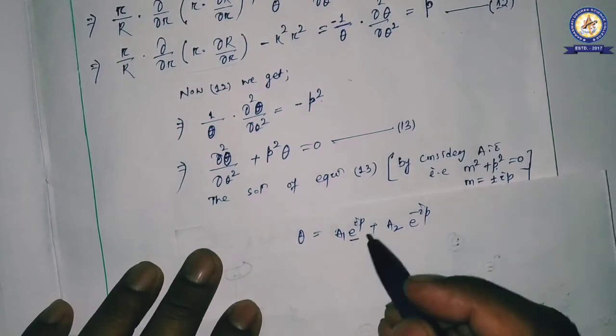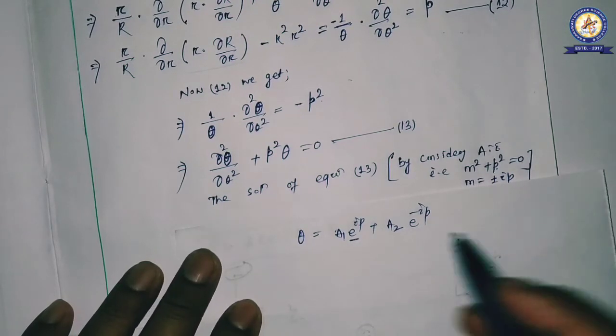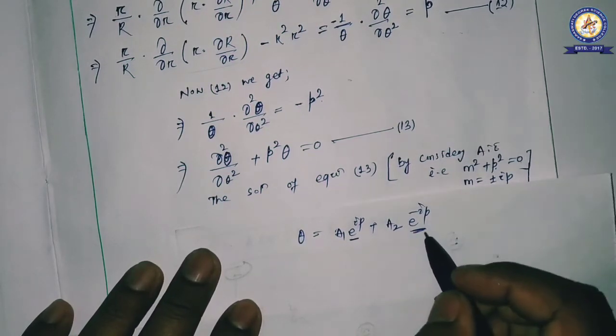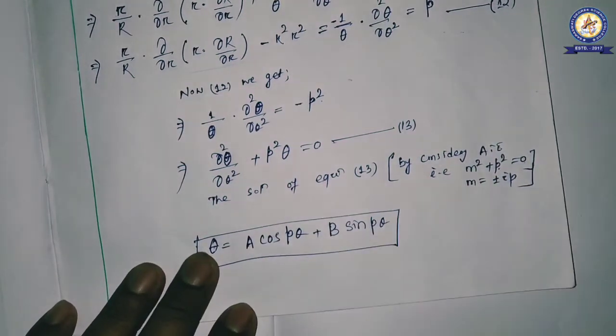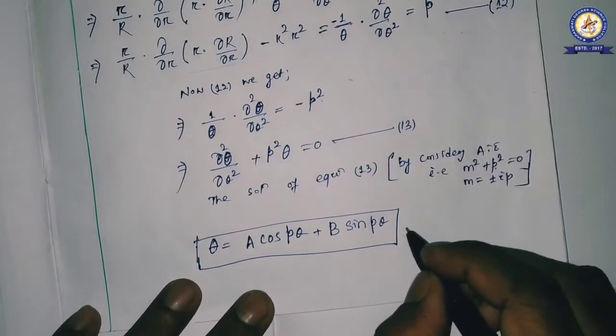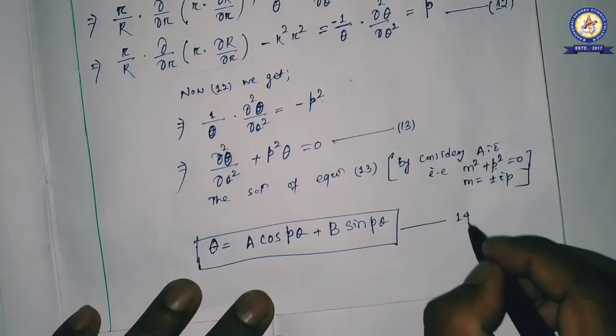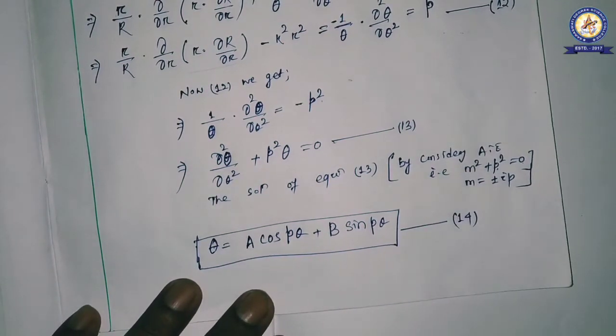Again e to the ip can be considered as cos and sine. This will be cos minus sine. So in general we can write a cos p theta plus b sin p theta. Let this be our equation number 14.